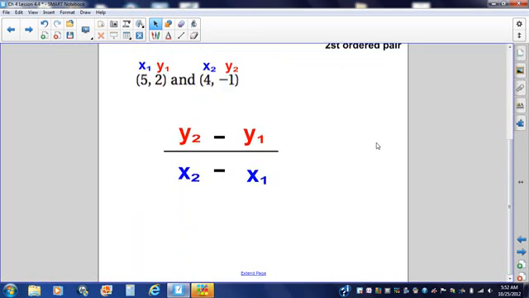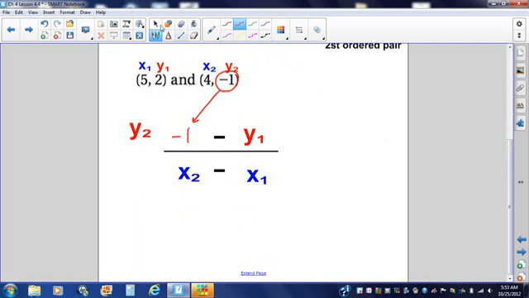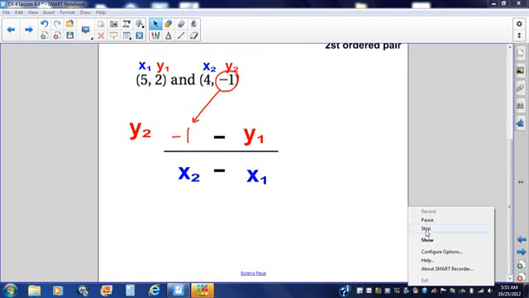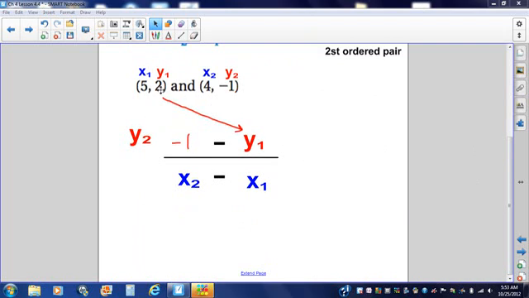Now that I have them labeled, I can substitute and put things into the formula. The first thing I'm looking for is y2. Right here, I have y2. So I am going to take -1 and put it right here. Next thing I'm going to do is take 2, which is y1, and put 2 in here for y1.